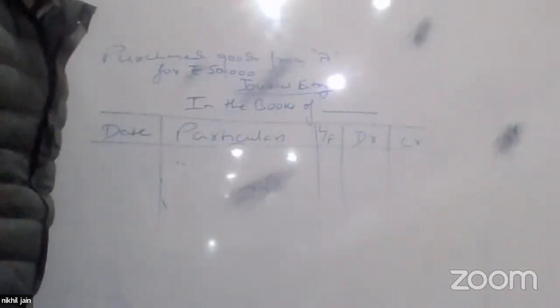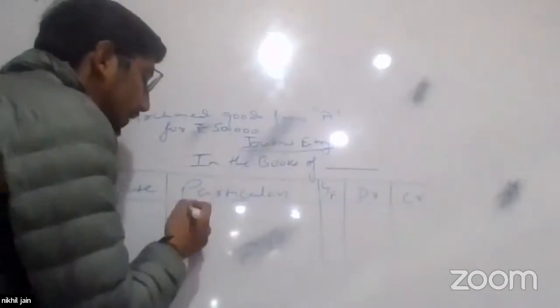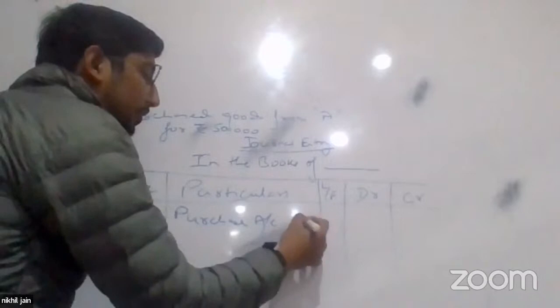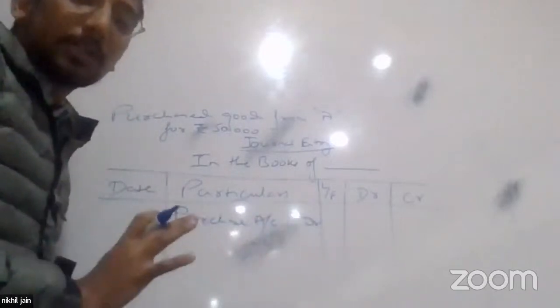What will be the journal entry? Purchase account debit to A's account. Just see what we are going to write. We will be writing purchase account debit.